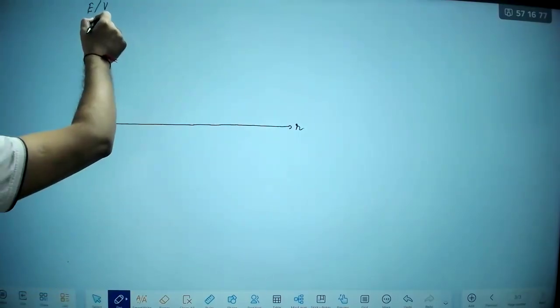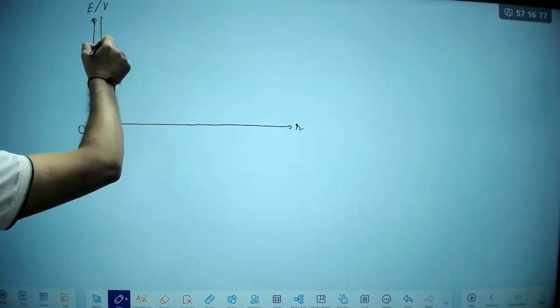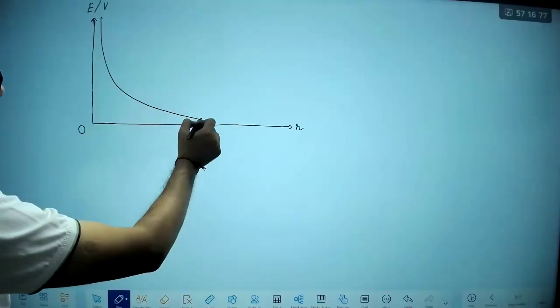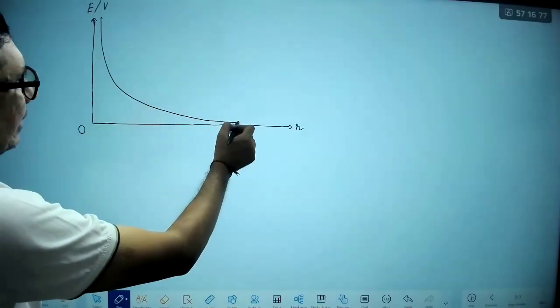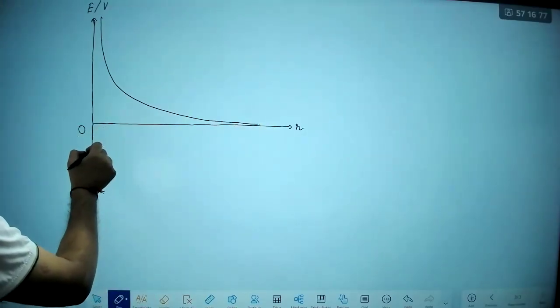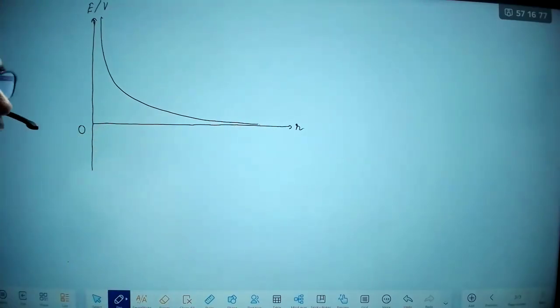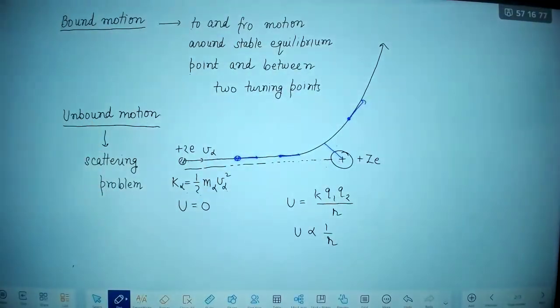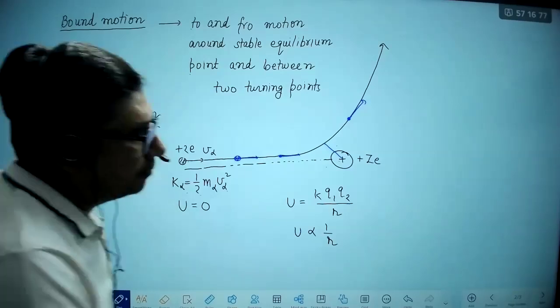So if I plot this potential, it will be something like this. It is varying as 1 by R. It will be like this. Now, just please note down.